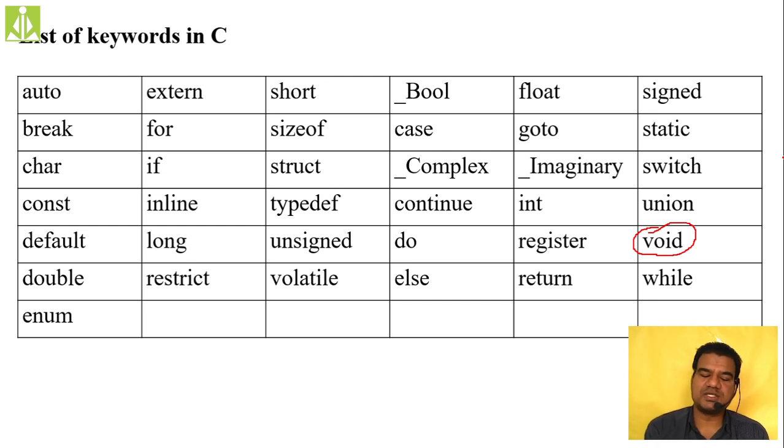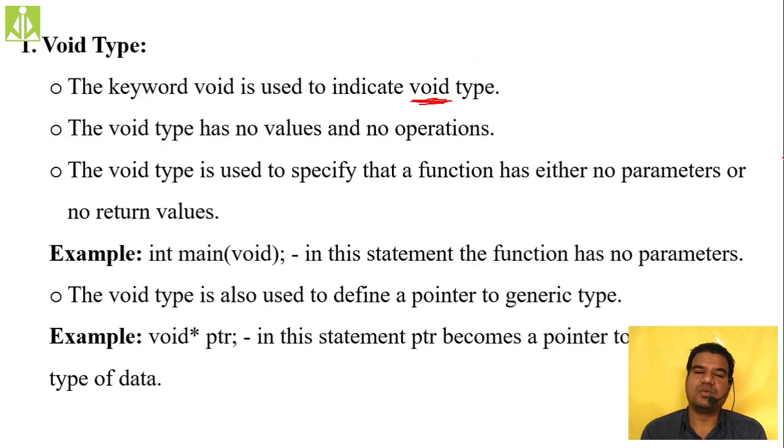So likewise, we discussed many of these keywords. Quickly go and see the void type. As I said, whenever we are writing certain code in our program, every piece of code expects some input, processes that input, and gives the output.